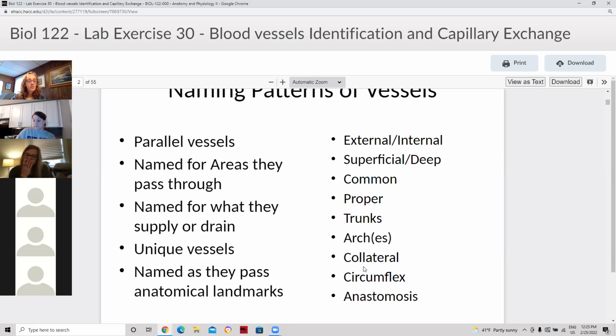We have collateral arteries and veins. Circumflex means they're going around. Remember the circumflex artery that's part of coronary circulation. It's going around a structure. Anastomosis is a coming together of different arteries and veins.